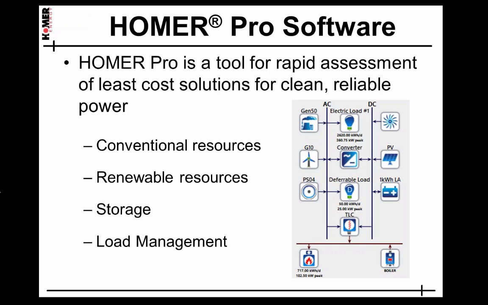So as Peter mentioned, I'll be telling you a bit more about the features of the HOMER Pro software. Some of you may already know this, but HOMER Pro is a tool for rapid assessment of least cost solutions for clean, reliable power. The HOMER software compares thousands of possible combinations of solar, wind, storage, load management, and conventional generators, including combined heat and power systems, as either standalone or grid-connected systems in basically only a few minutes.